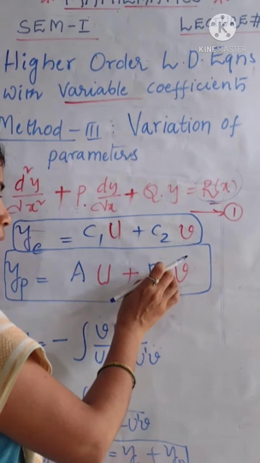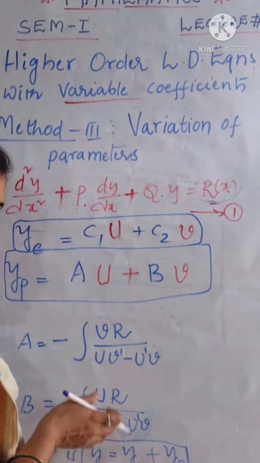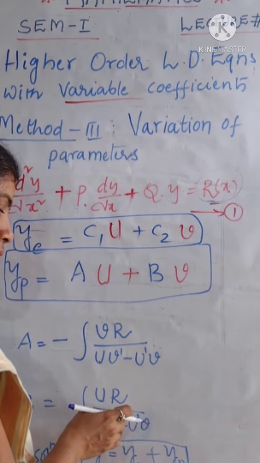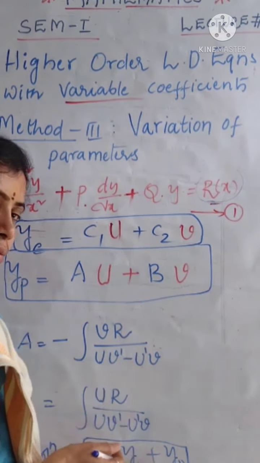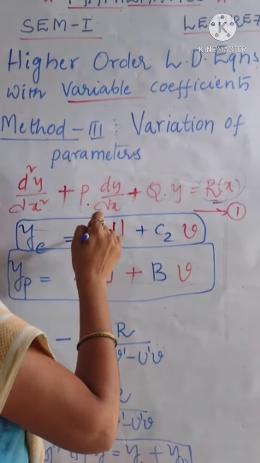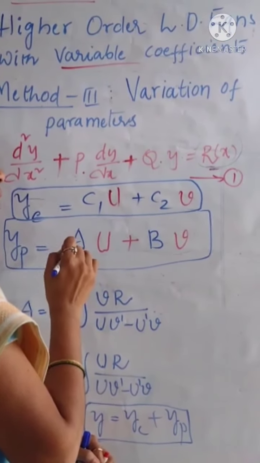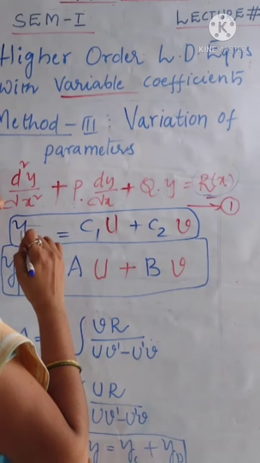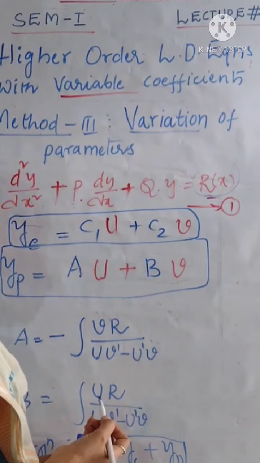And another parameter b has the value integral of u into r divided by u into derivative of v minus derivative of u into v. These parameters are inserted in the complementary function. That means by changing the constants, and that is why this method is called variation of parameters.